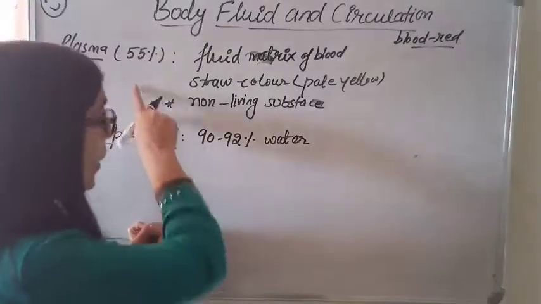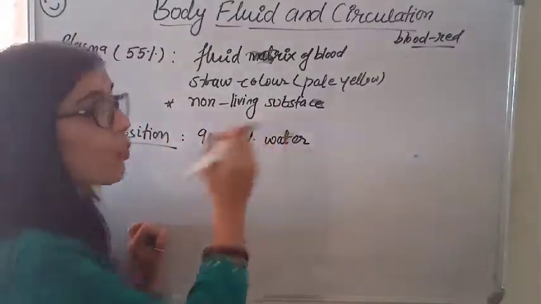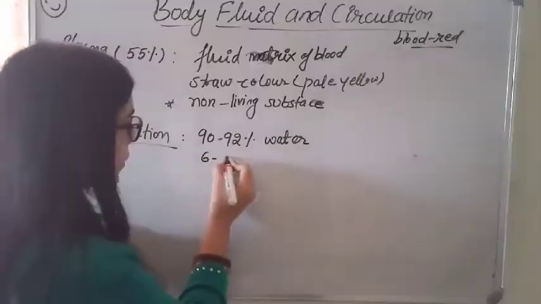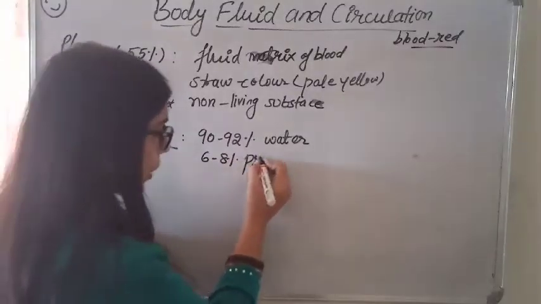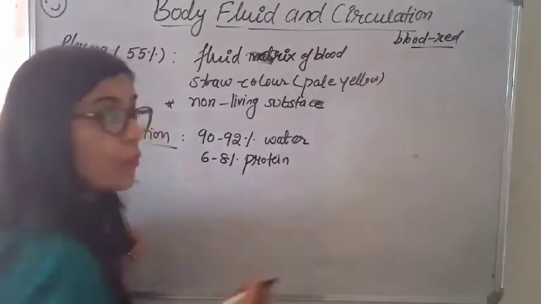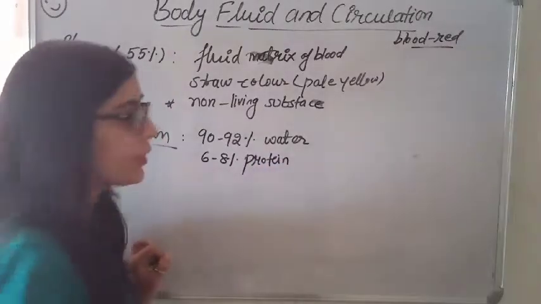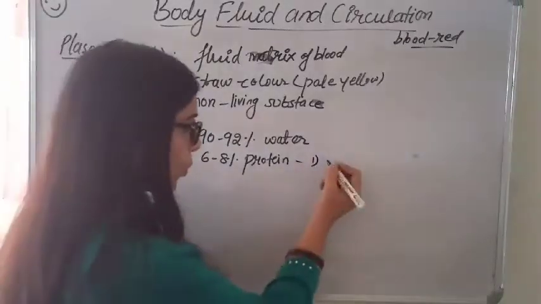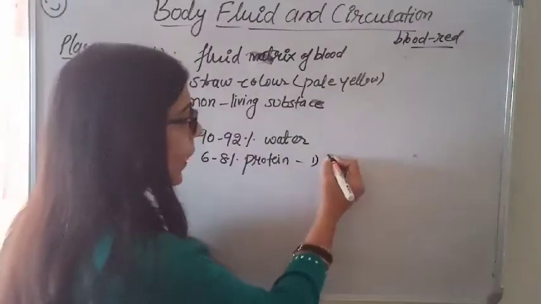Here you can see that inside plasma, 90 to 92% is water only. Then 6 to 8% is protein. Now which kind of protein? Basically there are three different kinds of protein. One, fibrinogen.